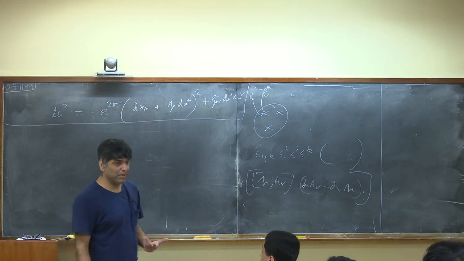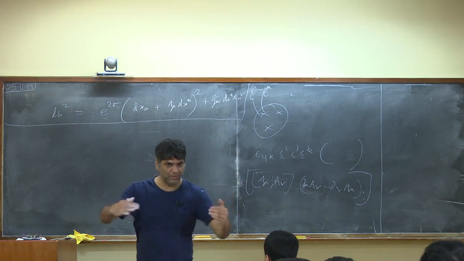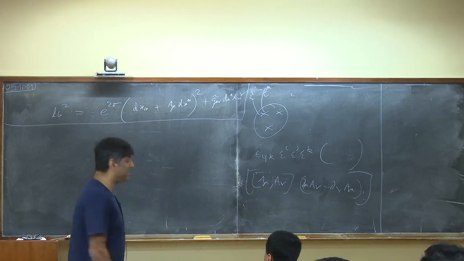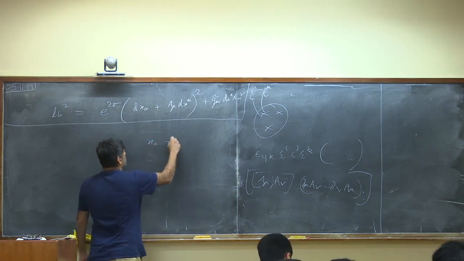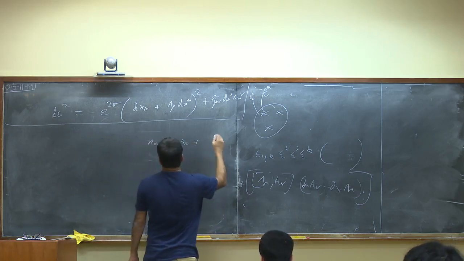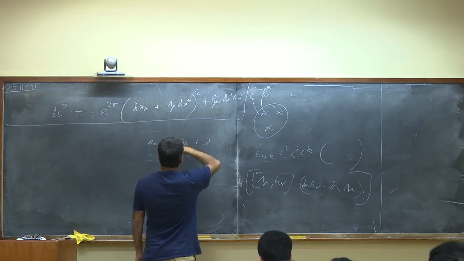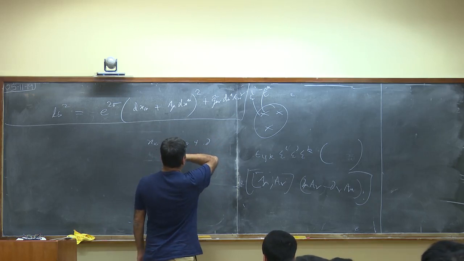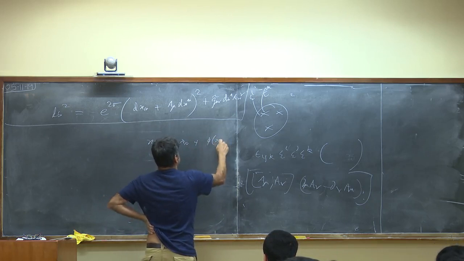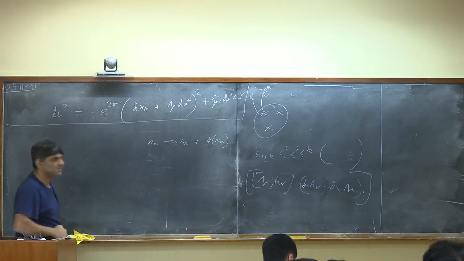But of course we're allowed to do x mu goes to x mu plus a function of x mu. That's diffeomorphism in the remaining non-compact directions. But in addition, we're allowed to do X10 goes to X10 plus phi of x mu.